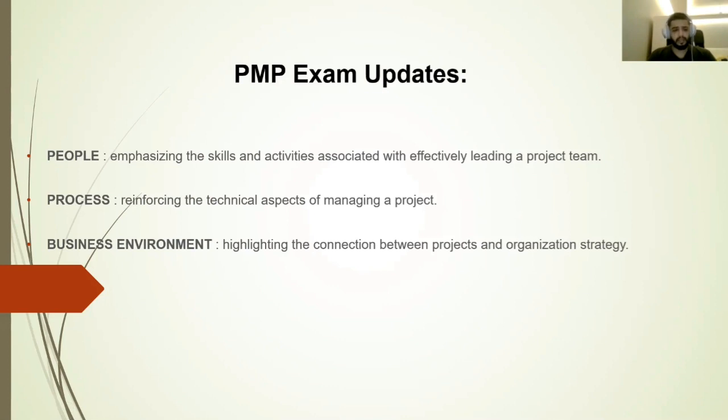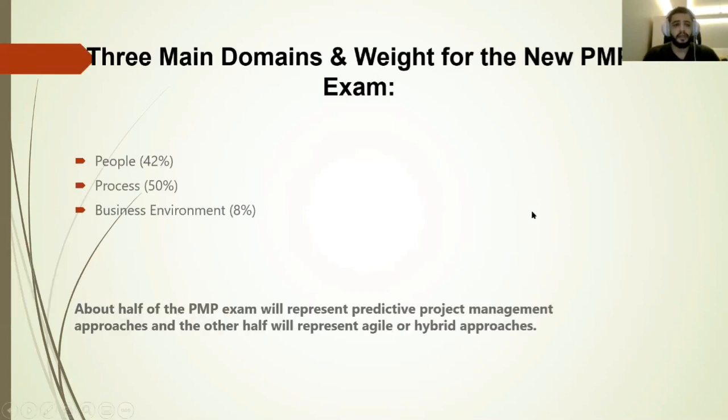The process, I think there are many processes in the PMP, and it's the most important here. And business environment is highlighting the connection between the project and organization strategy. 3 main domains in the new PMP exam.